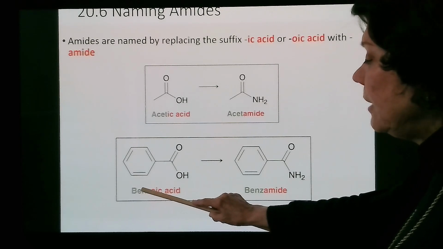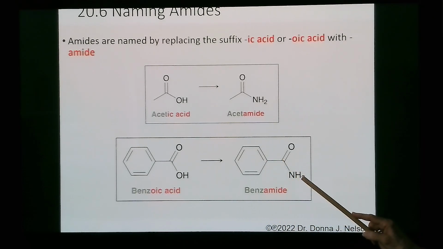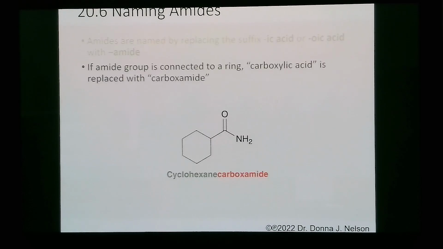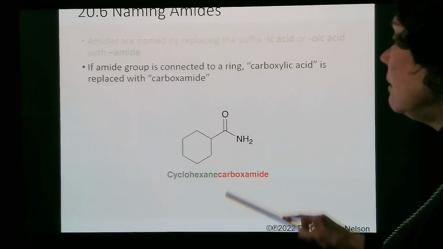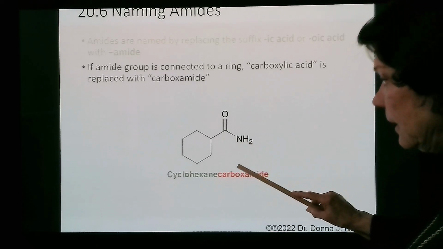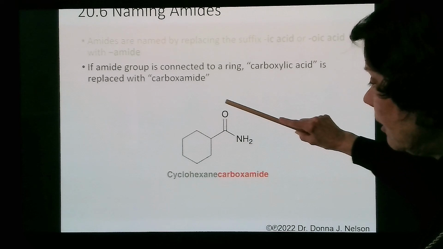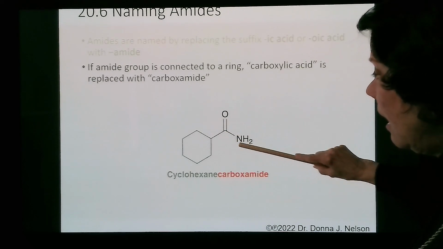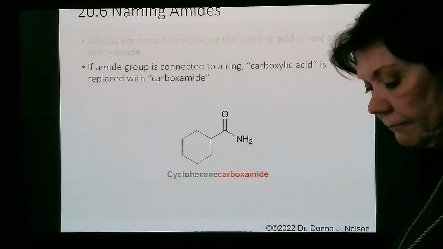Now this benzoic acid becomes benzamide. If the amide group is connected to a ring, the carboxylic acid is replaced with carboxamide. So cyclohexane carboxamide. Here is the amide functionality that is directly attached to the ring.